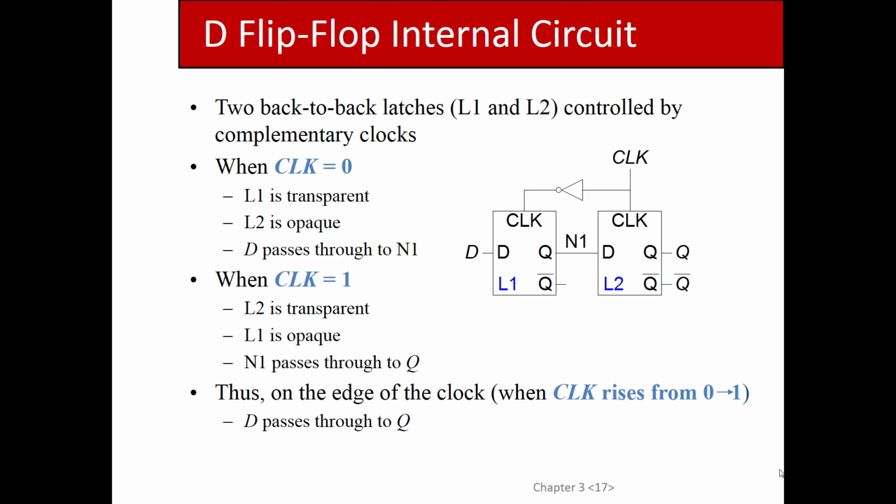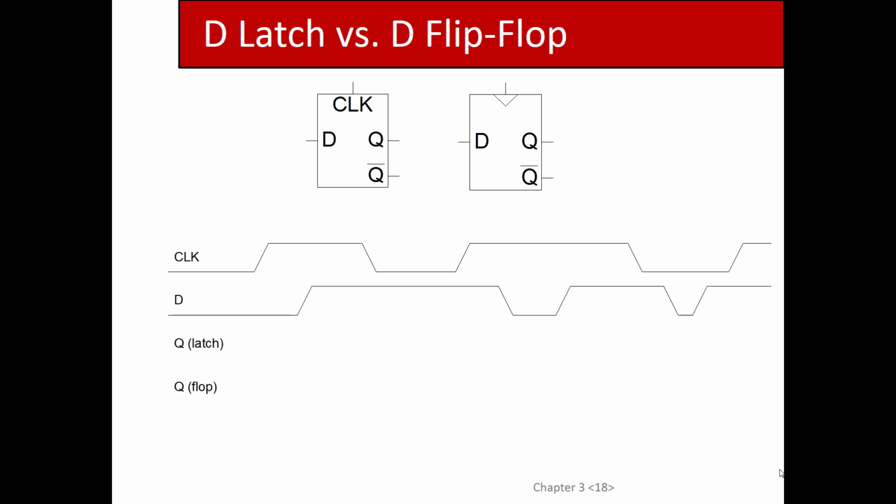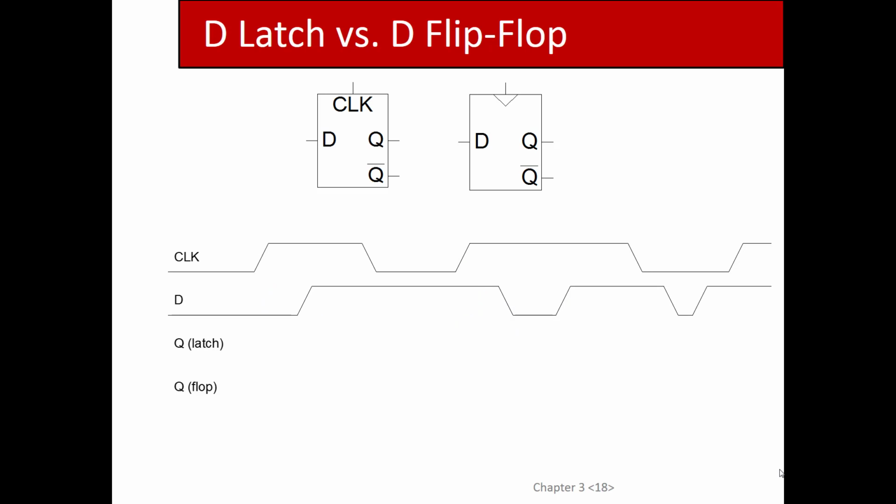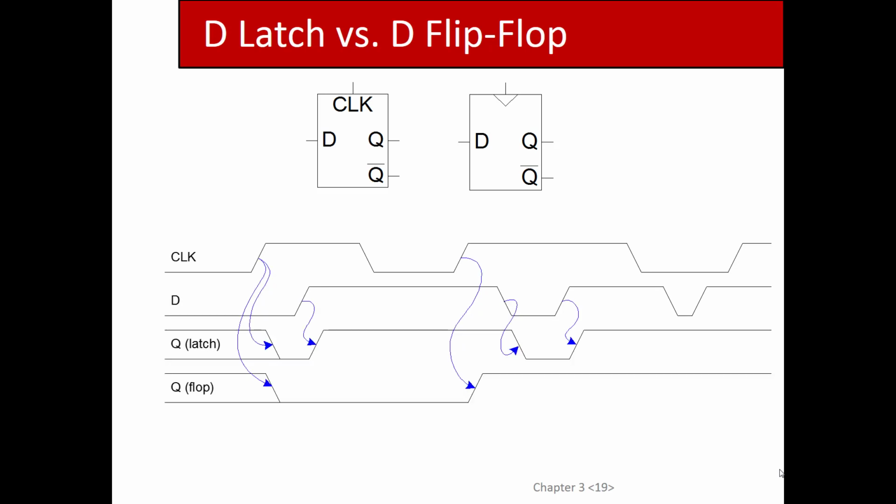OK, so now you have to get used to reading these timing diagrams because these come up quite a bit with these things. Basically, sometimes these little arrows kind of get confusing, but the idea is that whenever clock rises, I should say, because we're talking about changing only from 0 to 1, this is the rising edge, right?